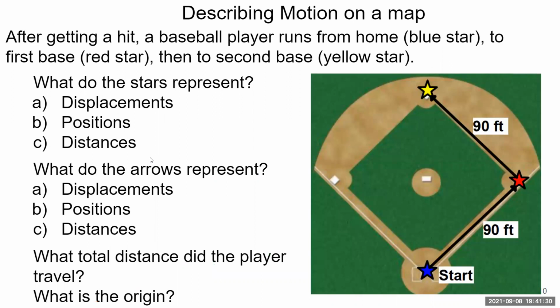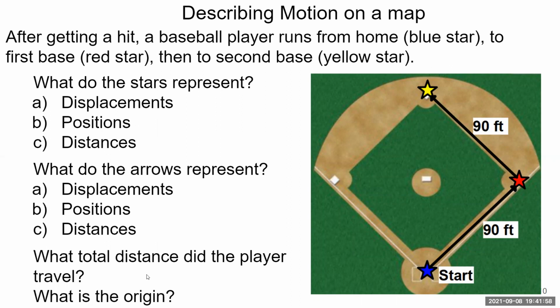Here's a great time to pause the video and answer these questions on your note sheet. I'll go over them in a minute. It says, after getting hit, a baseball player runs from home, the blue star, to first base, the red star, to second base, the yellow star. What do the stars represent? That's a multiple choice question. What do the arrows represent?